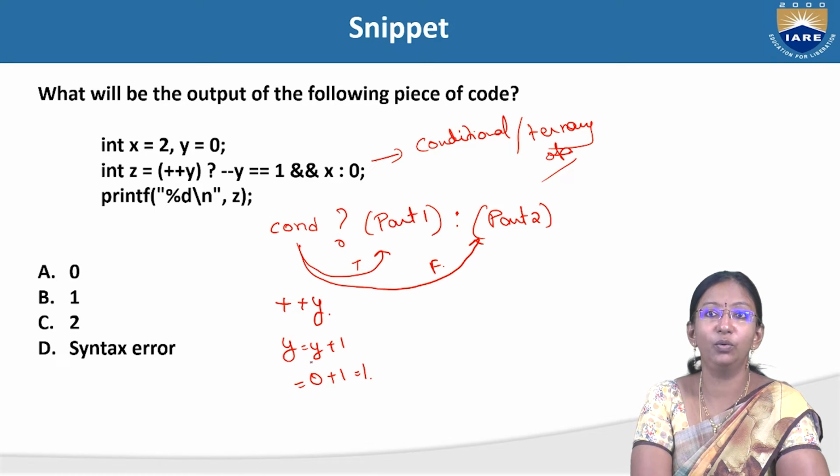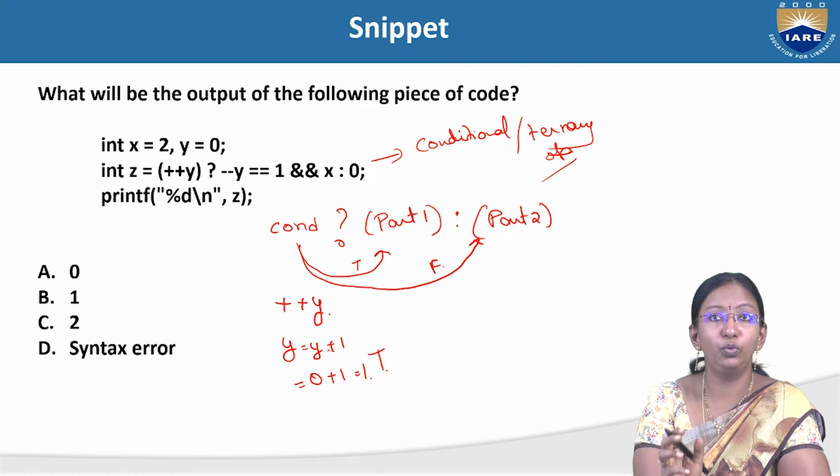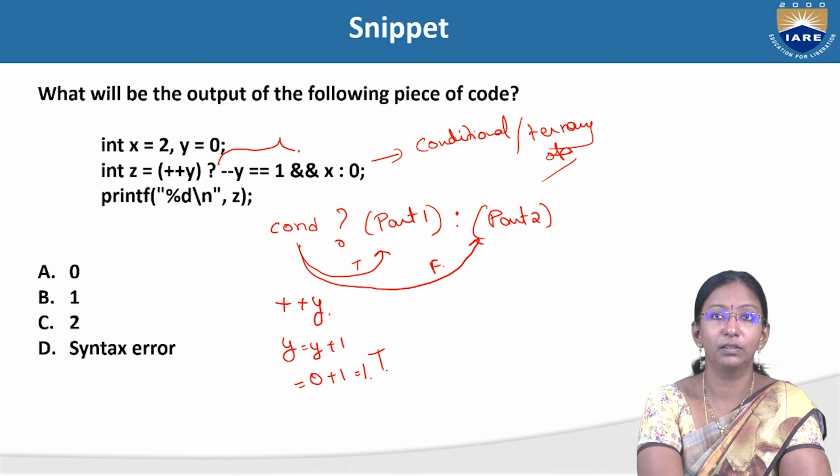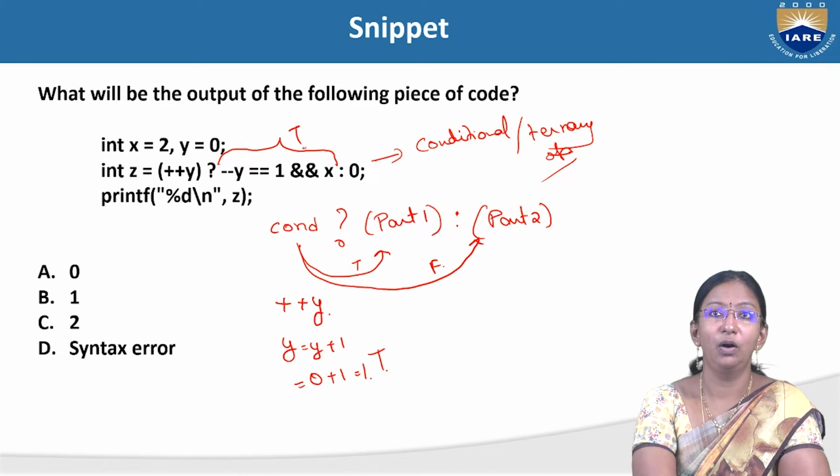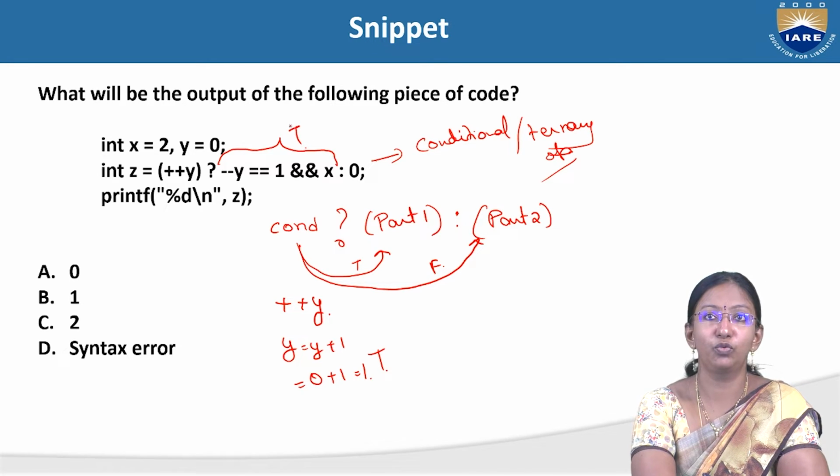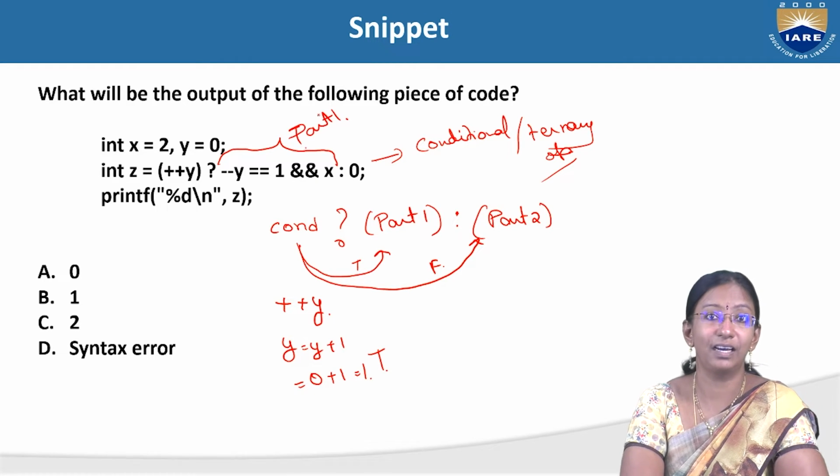So the condition tells that the result is true. If it is true, the truth part will be executed. What is the truth part, guys? This is the truth part, based upon our syntax, part 1.